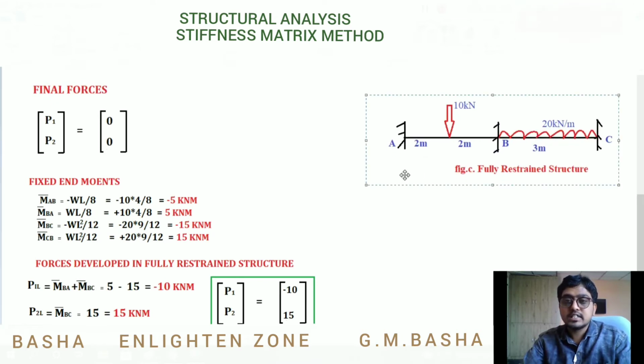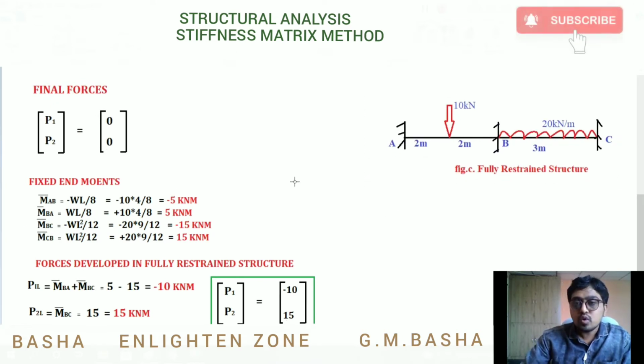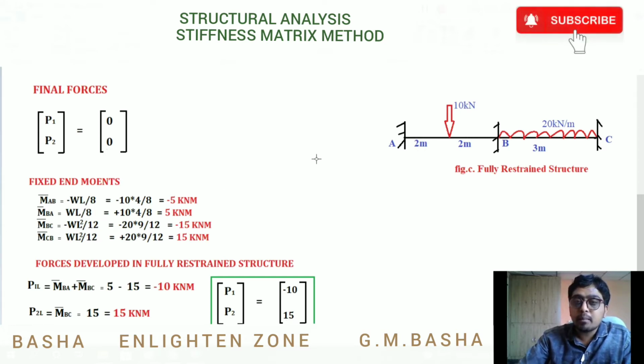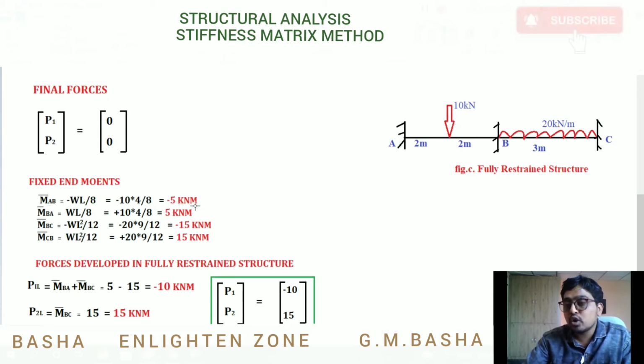So what are the formulas for finding fixed end moments? M bar AB. M bar AB will be equal to, so when a point load is acting exactly at the center, what is our fixed end moment? M bar AB will be equal to minus WL by 8. See here, I have written minus WL by 8, where W equals 10 and L equals the length of that particular span AB, that is 4 meters, divided by 8. If you simplify this, 40 by 8 equals minus 5 kilonewton meter.